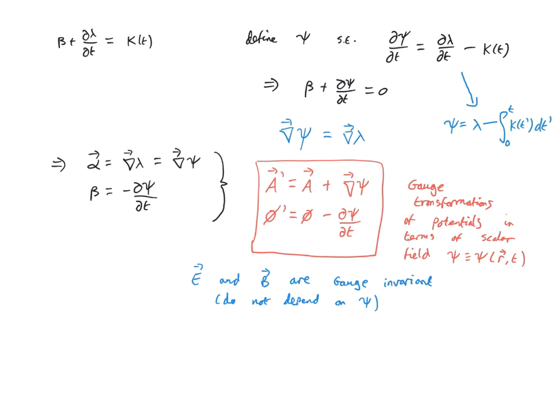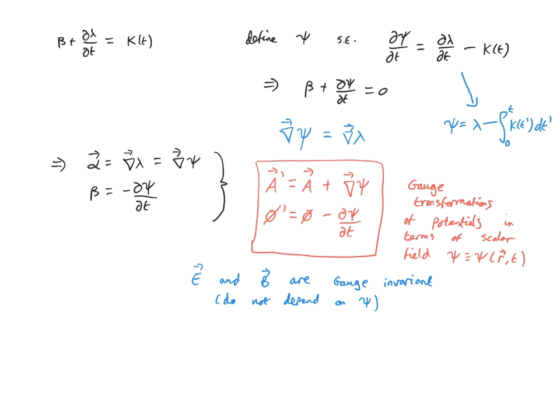If I were to imagine making a gauge transformation using a particular psi that did not depend on position or time, this would be like a rigid rotation that applied everywhere in space, and actually that would be equivalent to a coordinate transformation, and that would be a global symmetry of the system.